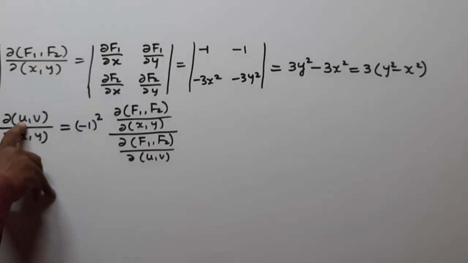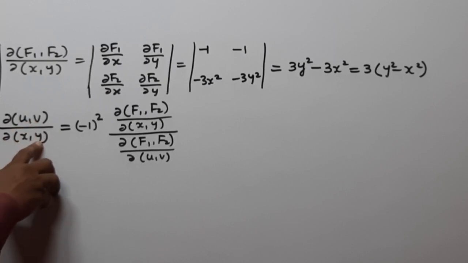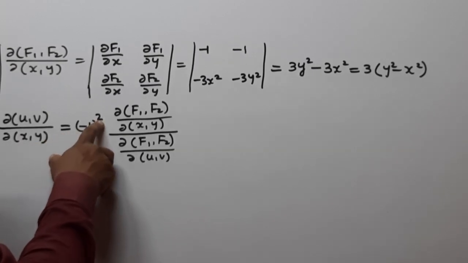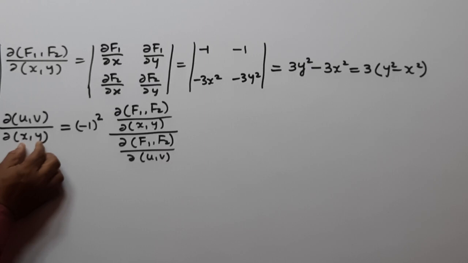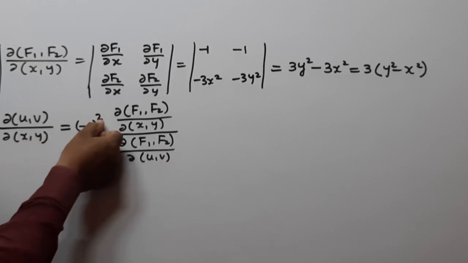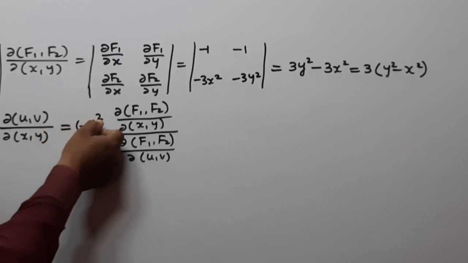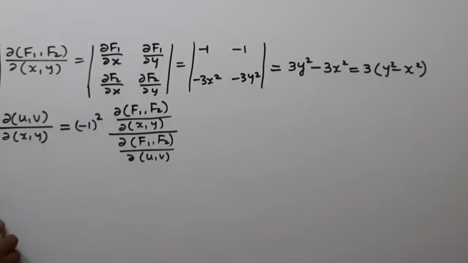Here we have to find the Jacobian of u, v with respect to two independent variables x and y. So this will be equal to minus 1 to the power 2. 2 means there are 2 independent variables x and y. If there are 3 independent variables, we write 3. If there are 4 independent variables, we write 4.